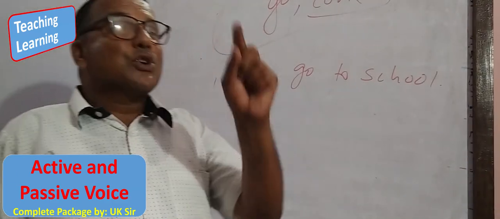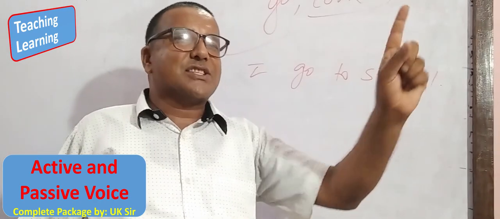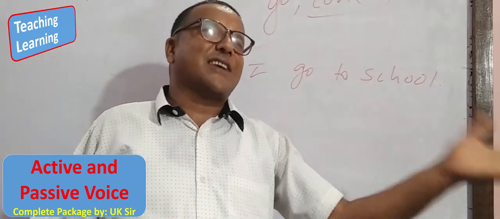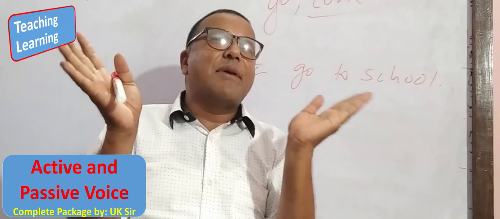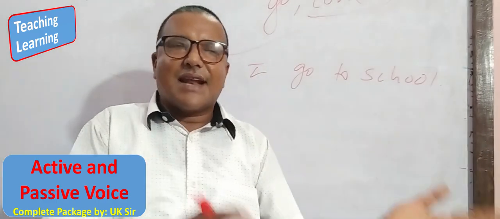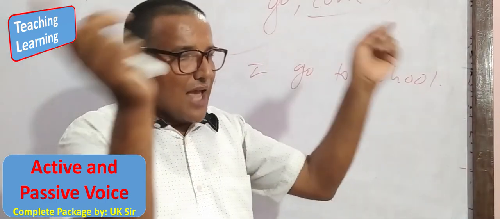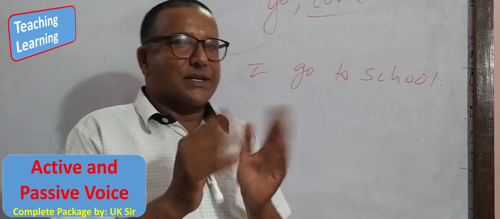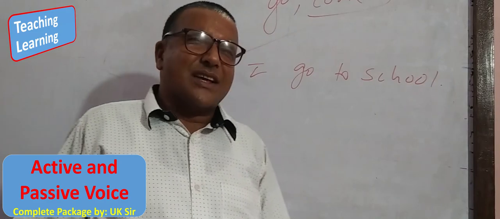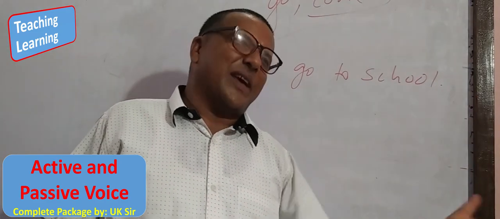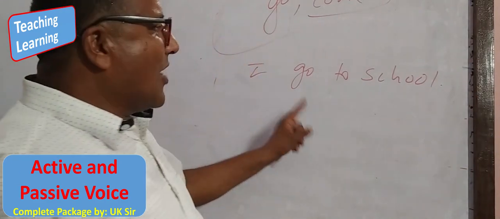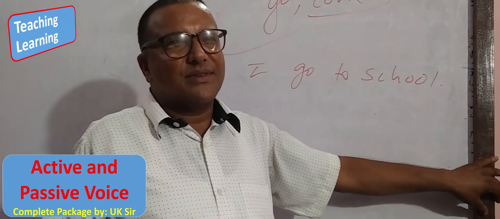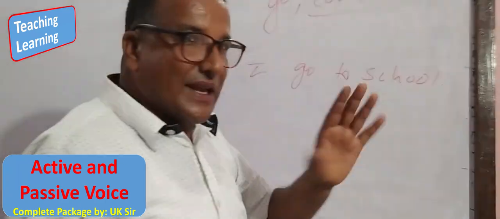One thing is, the teachers always taught in the past, not practically. Theoretically, they made rules. If I eat rice, rice is eaten by me. This is correct. "I go to school" is gone by me. This is also correct in writing, but it is not properly used anywhere. Now, for go and come, no need to passivize. Okay. Thank you. Clear? Yes, clear.